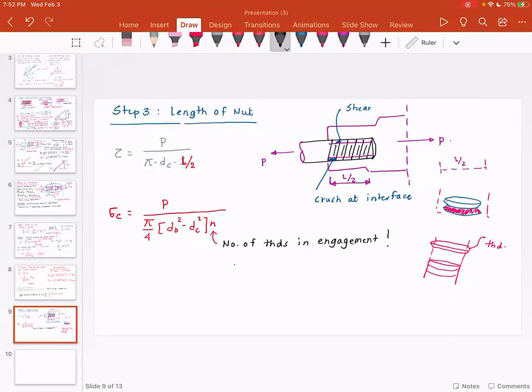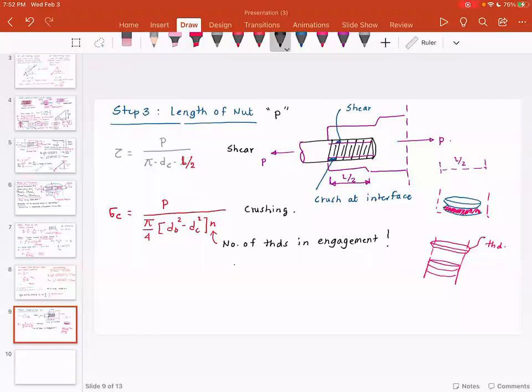Now, one thing that you may ask me is how does this give me the dimension? So let's go through this process just once again. They have given us the value of P, which is the external load. And this external load could cause the shear failure or can cause the crushing failure.